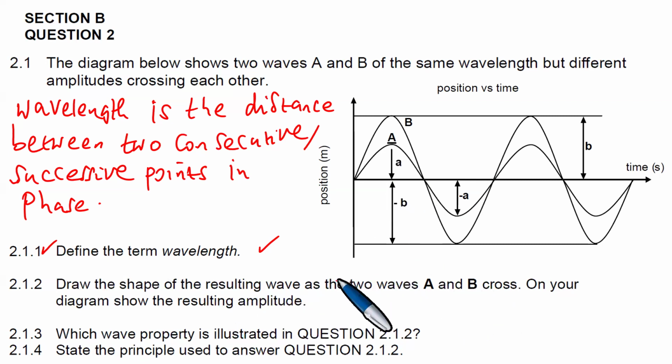Here are these waves, A and B. As they cross, we need to draw the shape of the resulting wave on your diagram, and show the resulting amplitude. This one is amplitude A, which is wave A, and wave B has amplitude B. You can see it's A here, and minus A there, and this one is minus B over there.